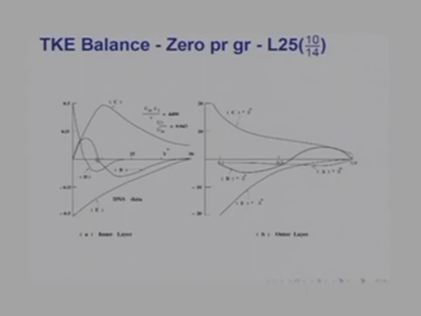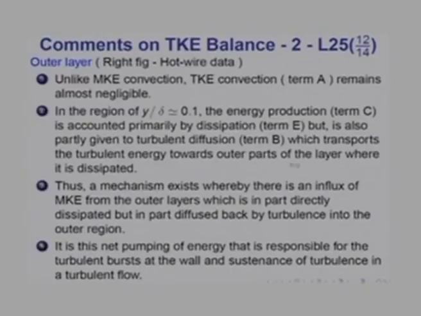That term simply transfers energy to the regions away from the wall, both through its term itself as well as towards the outer parts of the layer where it is finally dissipated through term E. Thus, a mechanism exists whereby there is an influx of mean kinetic energy from the outer layers, which is in part directly dissipated within the outer layer, but in part diffused back by turbulence into the outer region. So, let us read this again.